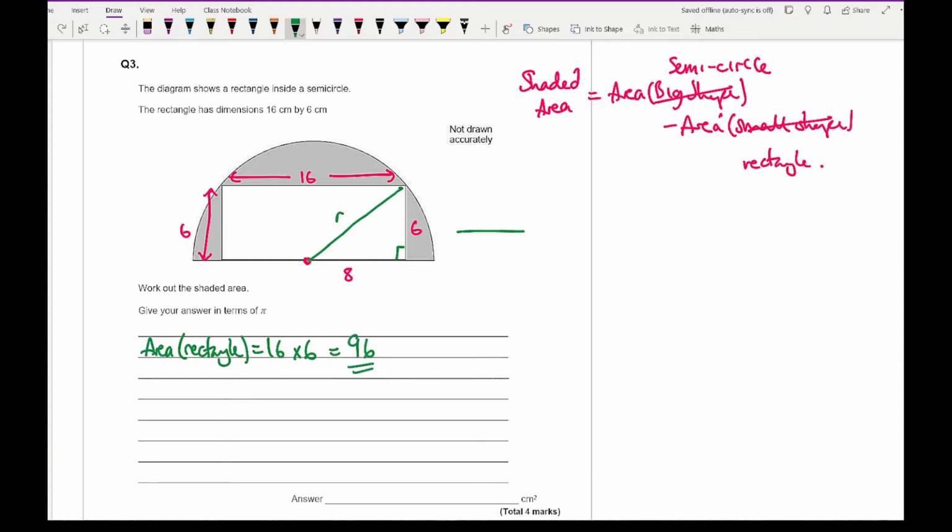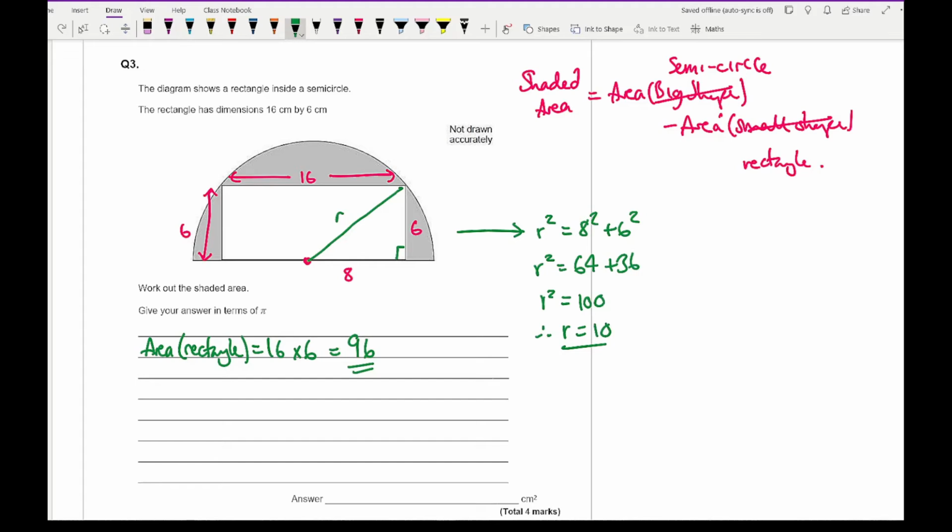So here from this we've got r squared equals 8 squared plus 6 squared, so r squared equals 64 plus 36, so r squared equals 100, so therefore r equals 10. Now you might be tempted to write plus or minus 10, which would be correct, but because r represents a length it can't be negative, so it must be positive 10.